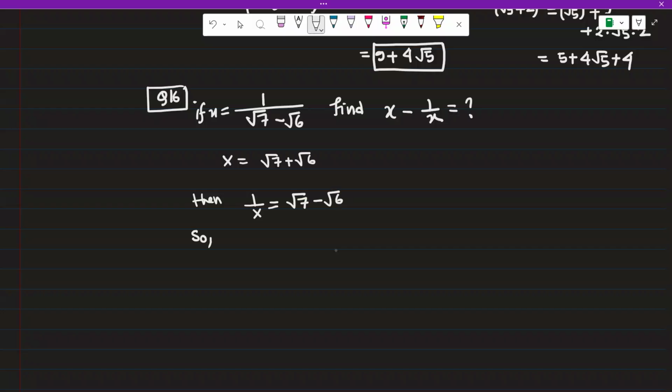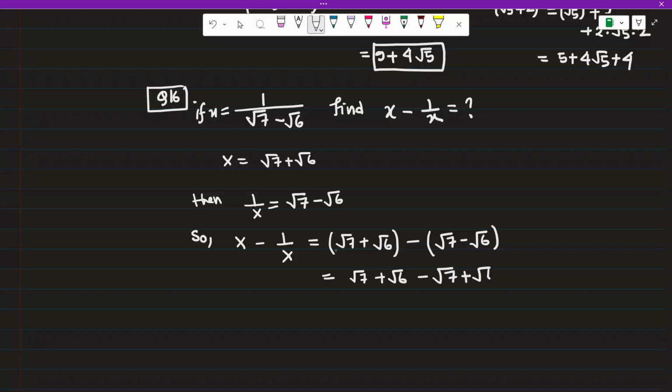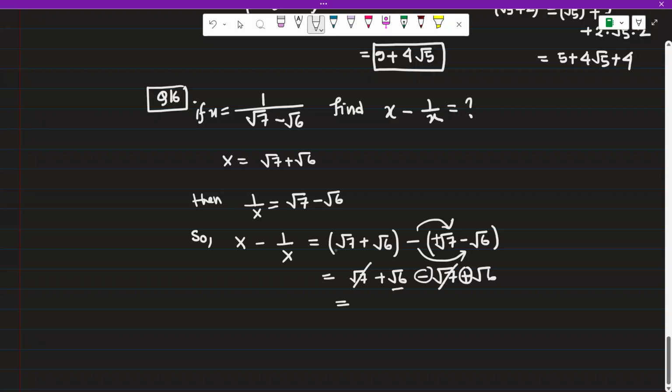So if you subtract them, x − 1/x equals (√7 + √6) − (√7 − √6). After the negative, the signs will change. Negative and positive become negative, negative and negative become positive. So positive √7 and negative √7 cancel out. √6 plus √6, we get 2√6.